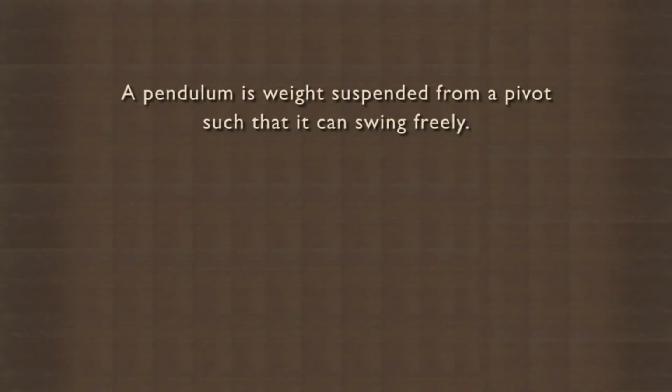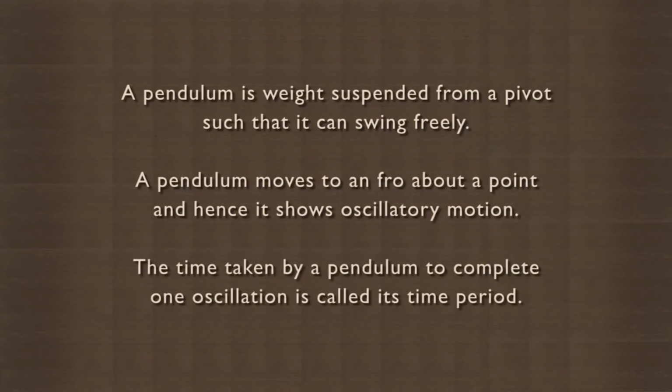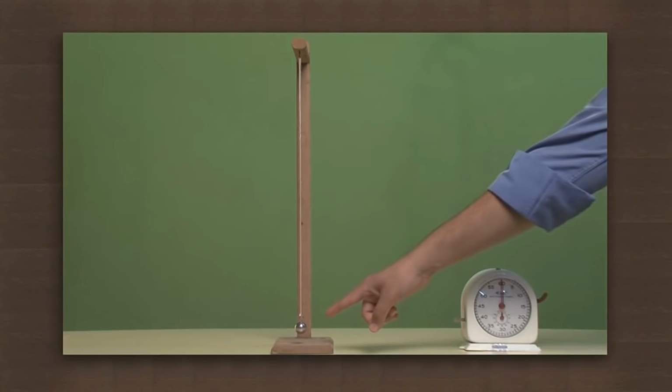A pendulum is simply a weight suspended from a pivot such that it can swing freely. A pendulum moves to and fro about a point, and hence it shows oscillatory motion. The time taken by a pendulum to complete one oscillation is called its time period. Let us calculate the time period for a given pendulum. Here we have a pendulum and a stop clock.